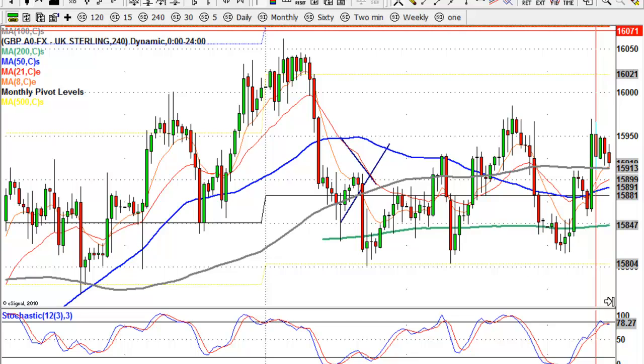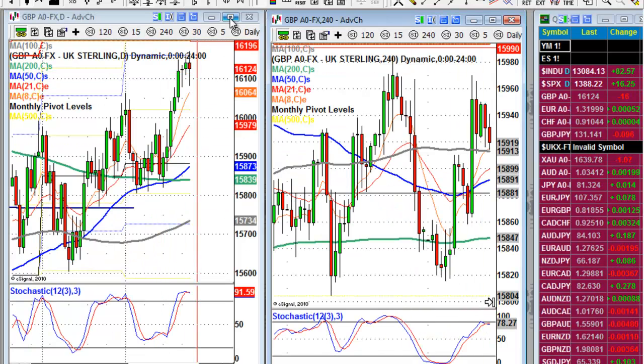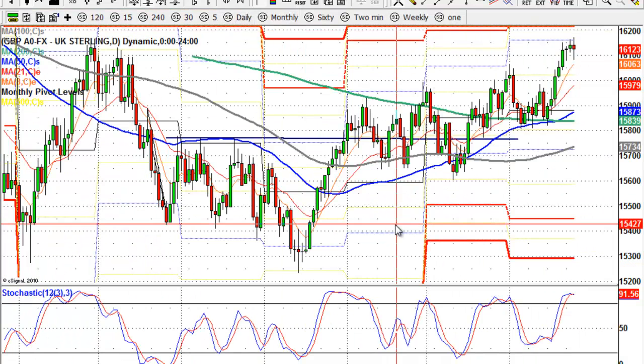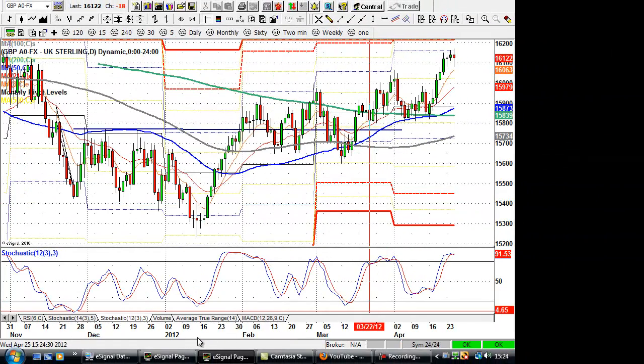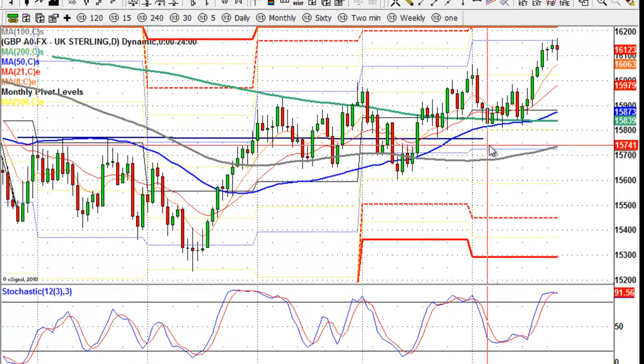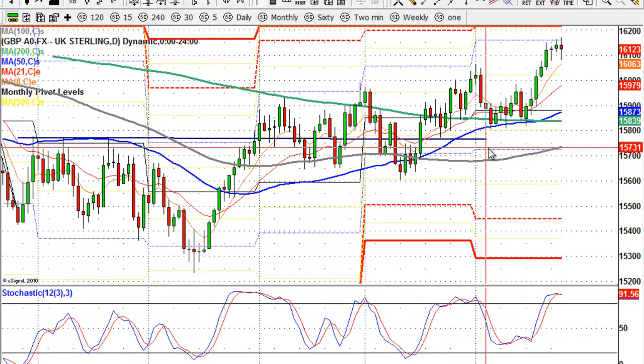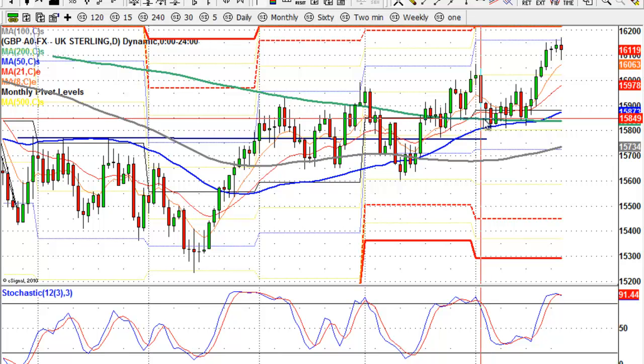The next thing I'm going to do is go up to the daily chart. So if we go up to the daily chart here, let's make this a little bit bigger, and find the 4th of April. Here we are. And our entry price of 15850 or thereabouts, which is going to be here.